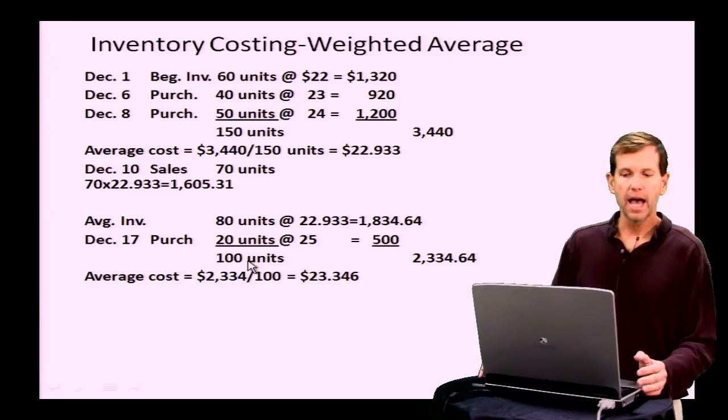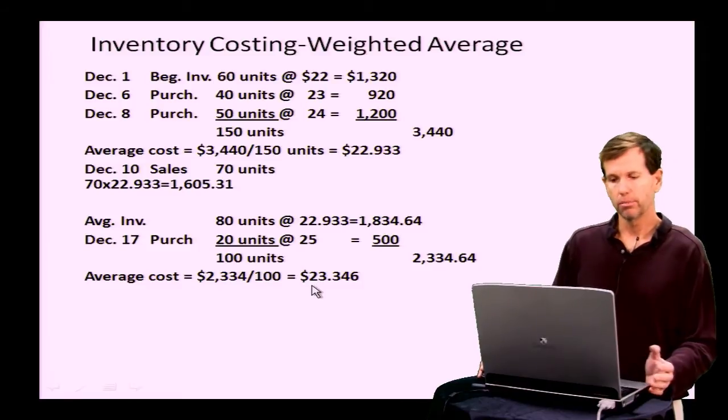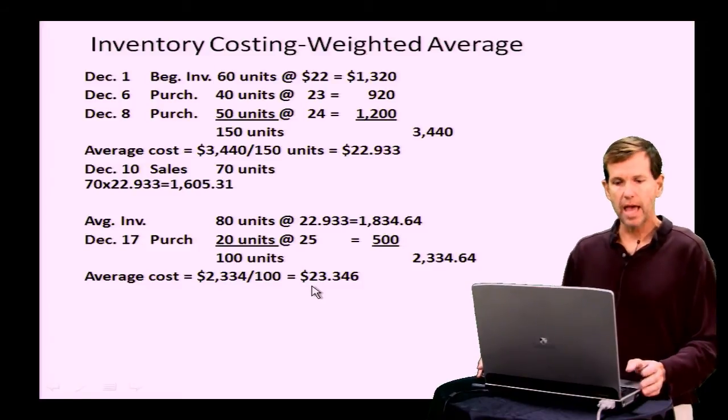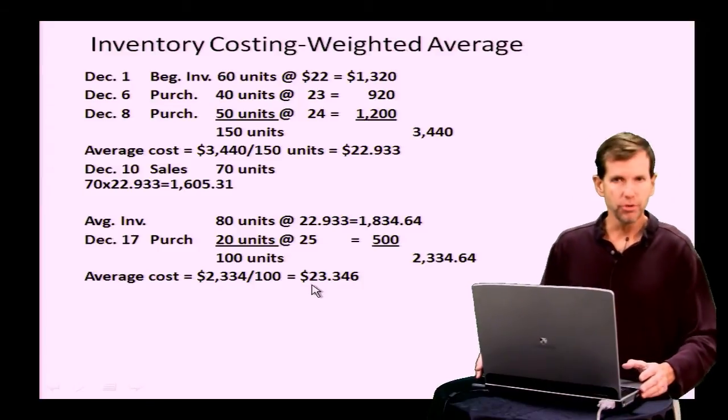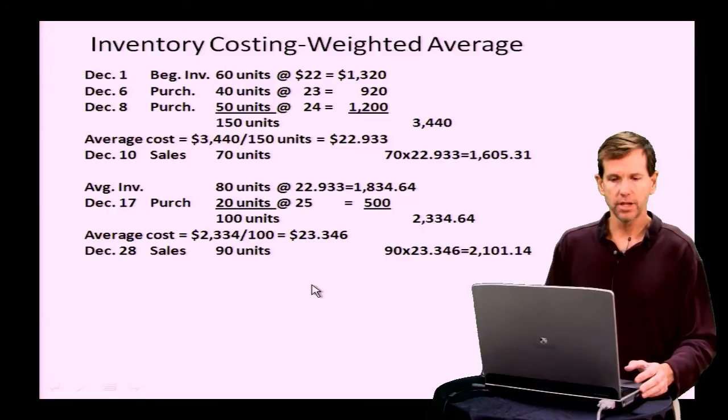We're going to divide that now by the total number of units that we have in inventory, 100, and you see we're doing that calculation right here, to get a new average of $23.346. So now, the way our inventory is, we have 100 units at $23.346.